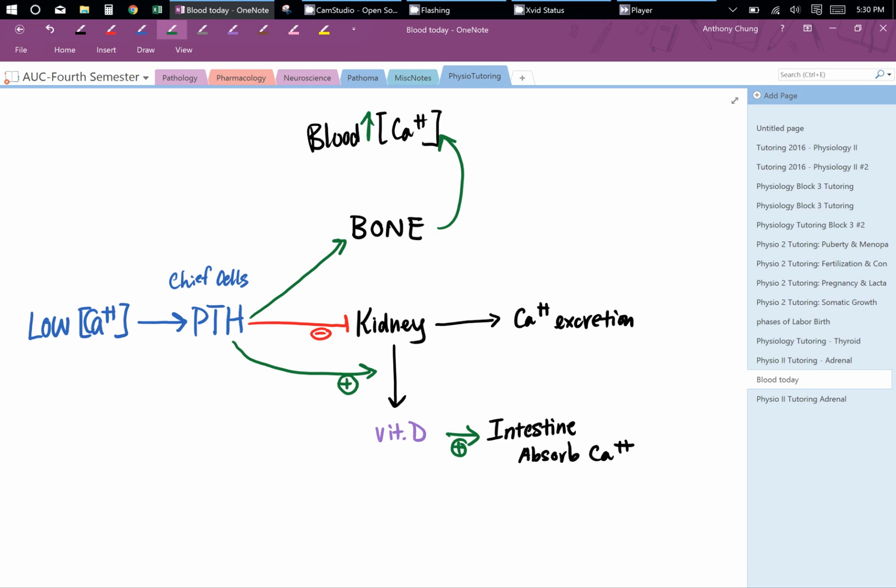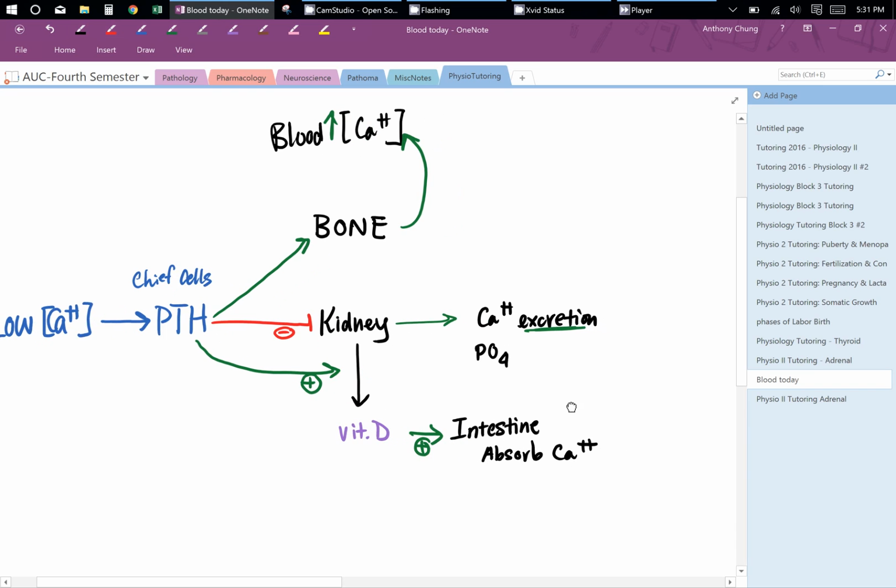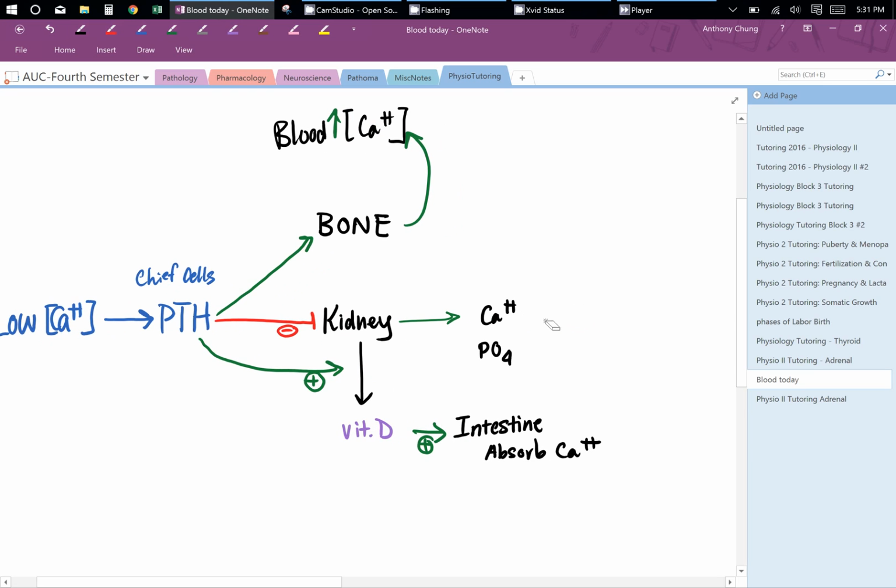So what happens here is your kidney can basically moderate how much calcium is being excreted, absorbed, or how much phosphate is being excreted, absorbed. So in this case, oh, sorry, this should be calcium retention.